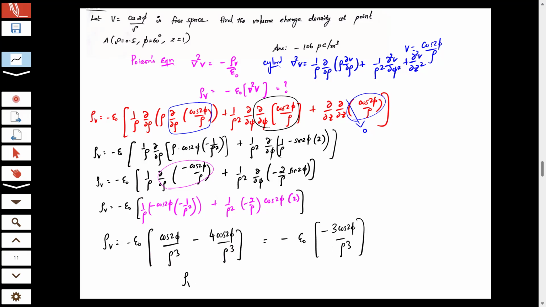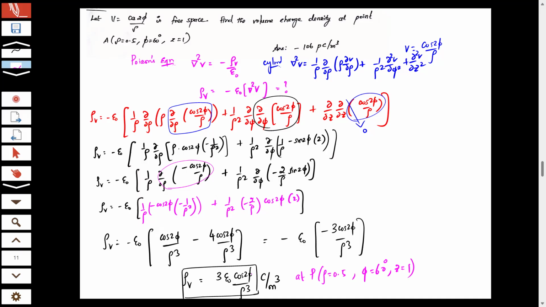So that is going to give rho V as 3 times epsilon naught cos 2 phi by rho cube. We know this is the expression for rho V in terms of variables, and the unit is coulomb per meter cube. We are asked to estimate the value of this rho V at the point P with rho value 0.5, phi value 60 degrees, and z value 1.